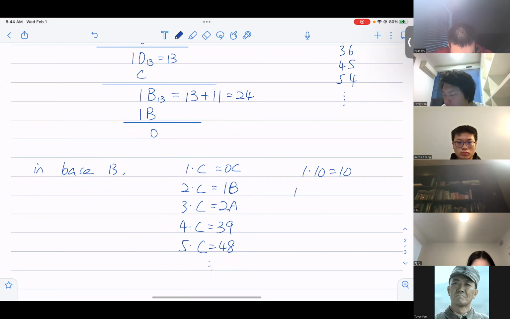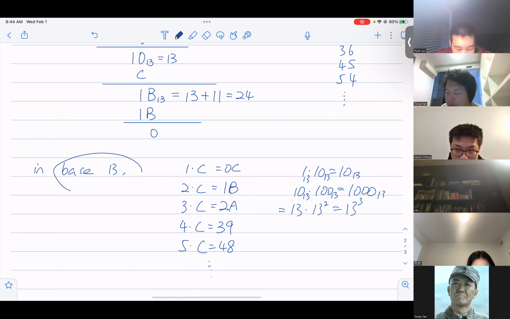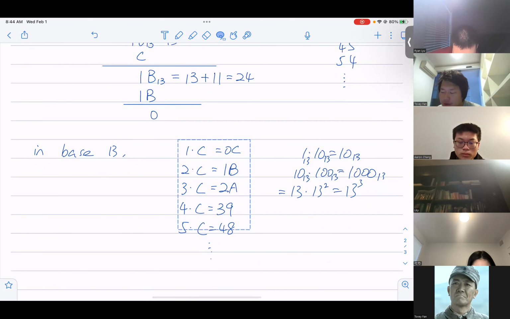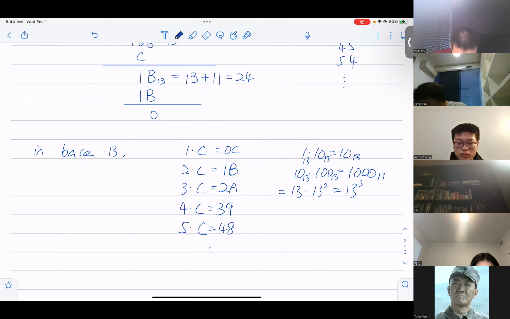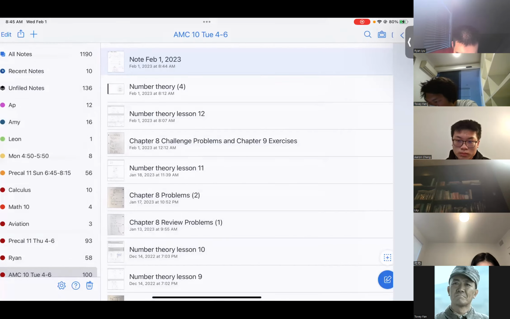If you have 0, you still have trailing zeros, remember? So even if you have 1 0 times 1 0 0, that's just 1 0 0 0. You don't have to convert back to decimal. Even if you convert it back to decimal, it makes sense. 1 0 in base 13 is 13. 1 0 0 in base 13 is 13 squared, so you get 13 cubed, and 13 cubed in base 13 is 1 0 0 0. This is in base 13, okay? So there are two patterns: multiplying by the base number itself, which just adds zeros, is very simple, and multiplying by the base number minus one follows the pattern of 9, also simple. Other cases have no nice pattern. Let's see if there are any questions. If not, we'll look at the next chapter.